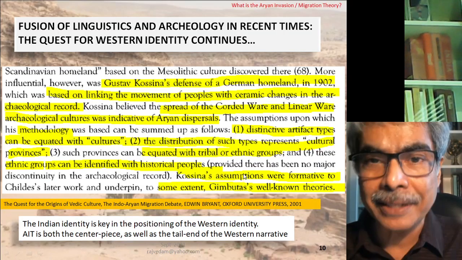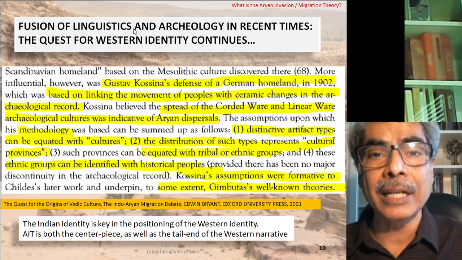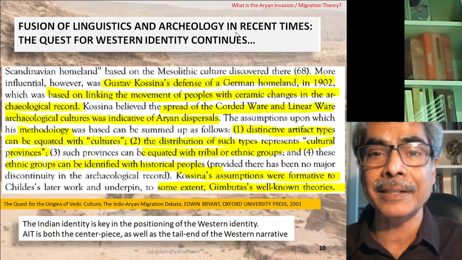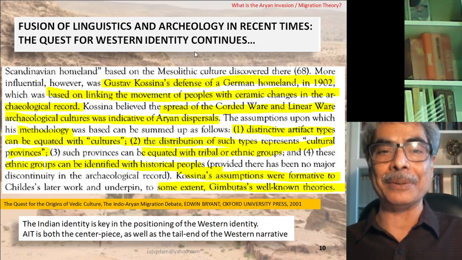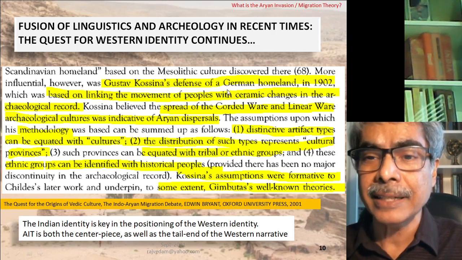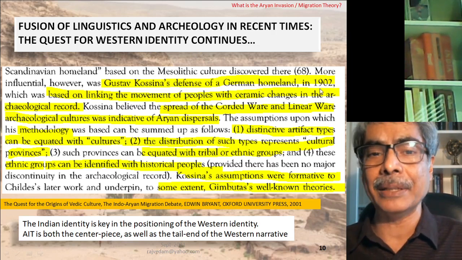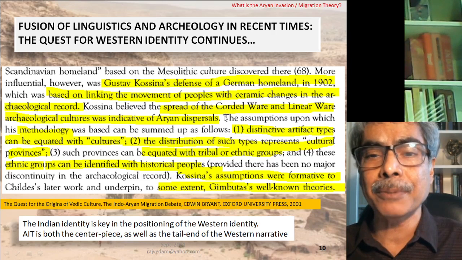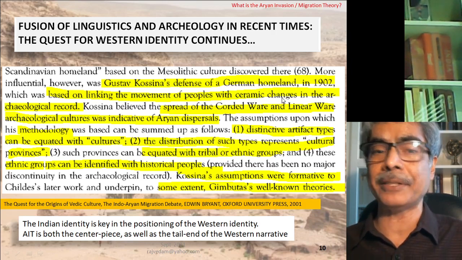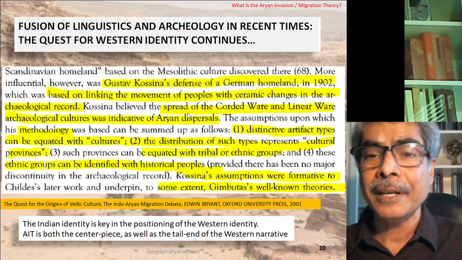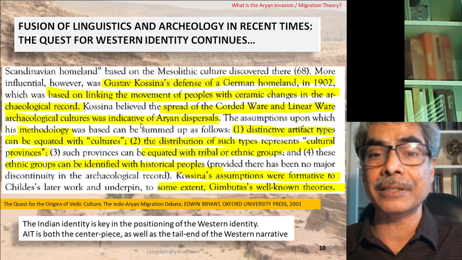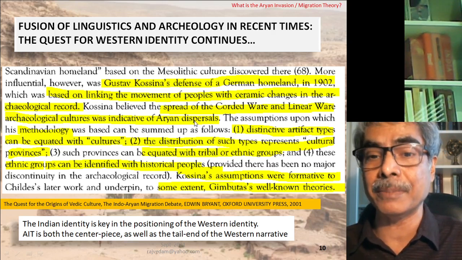Anyway, in recent times, we have seen that linguistics has been fused with archaeology in addition as the quest for Western identity continues. For example, Gustav Kossinna, his defense of a German homeland in 1902 was based upon looking at the archaeological record, the movement of people linked with ceramic changes in the archaeological record. He believed the spread of the corded ware and the linear ware archaeological cultures are indicative of Aryan dispersals.